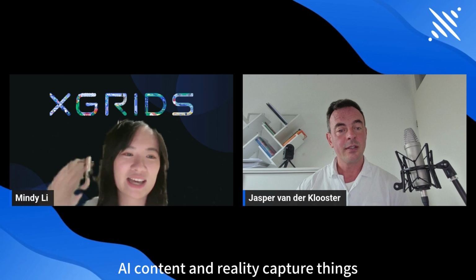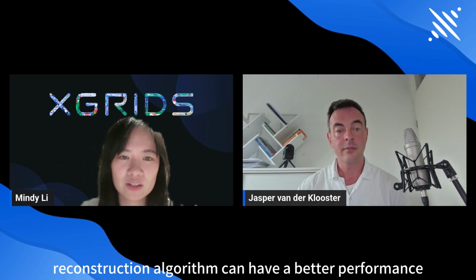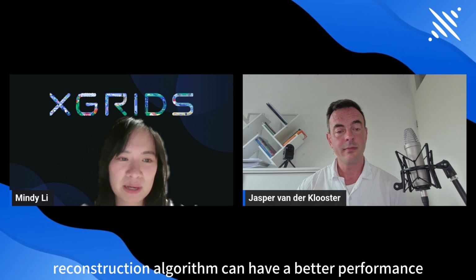Yes. And these days, somebody may also talk about the relationship between generative AI content and reality capture. As I mentioned in another panel discussion, generative AI may help reality capture. As Jasper mentioned, maybe it can let the scanner know more about the environment, so that the reconstruction algorithm can have a better performance.